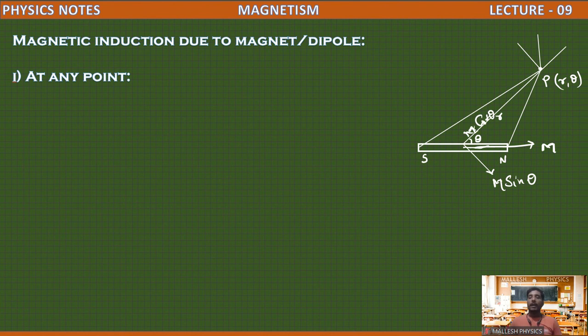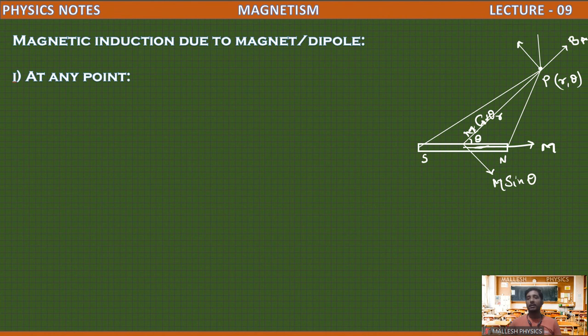Now the magnetic field at this point P due to M cos theta acts in this direction, because this magnetic moment is along the axis. If you consider this line as the axial line, due to this M cos theta the field acts in this direction. Let us call it BA. Due to the M sin theta component, the magnetic induction at this point acts opposite.